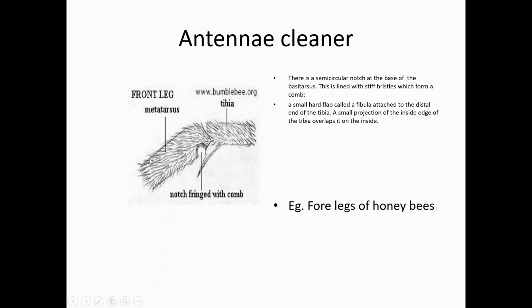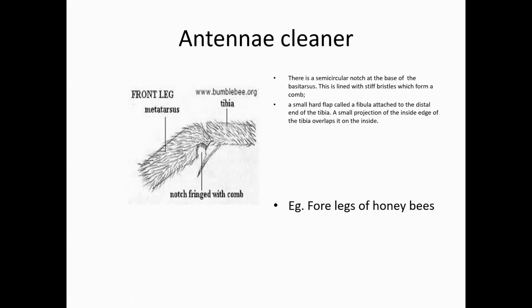Comb-like, and when the lower segments of the leg, the base tarsus, is flexed against the tibia, by covering up this groove with the lobe-like structure, there will be a formation of a complete ring-like structure.